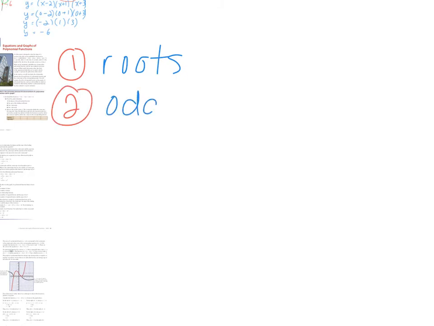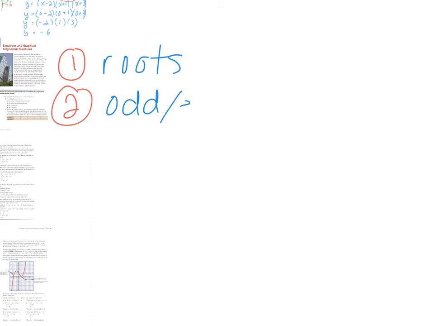So let's just summarize that before we go forward. Number 1, what would I do? I would make sure it's in factored form. And then in factored form, I would find the roots and plot them. Then I would look to see, is my function odd or even?